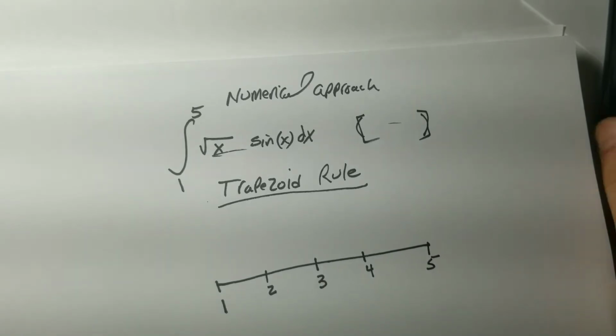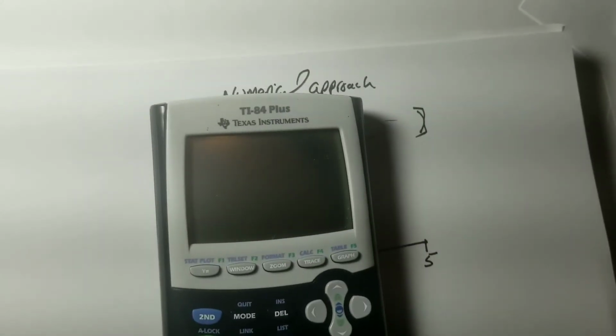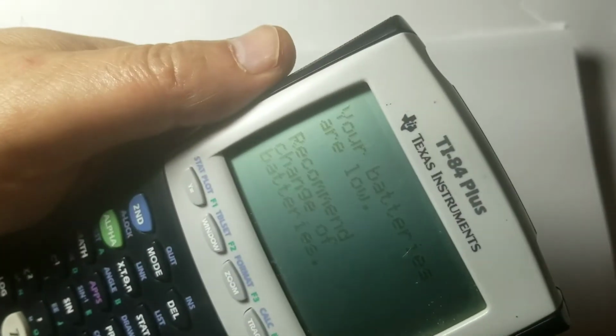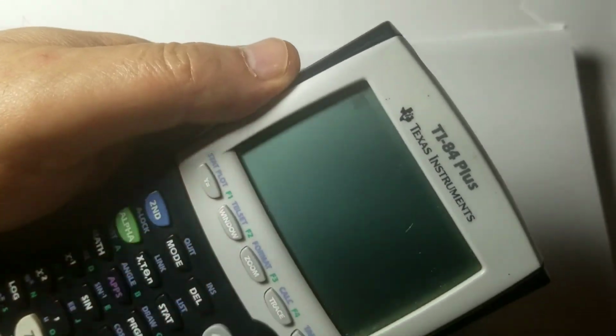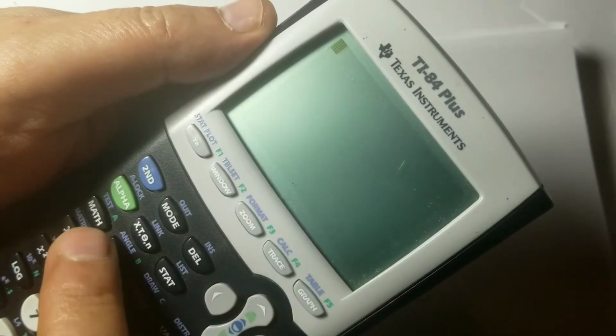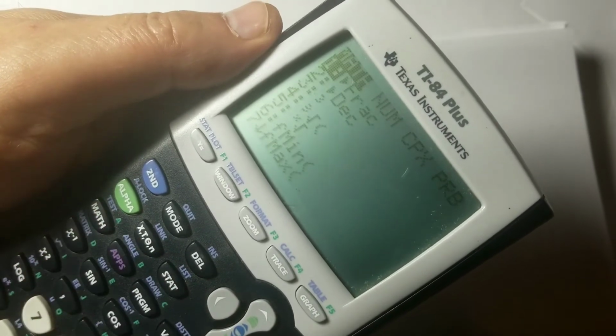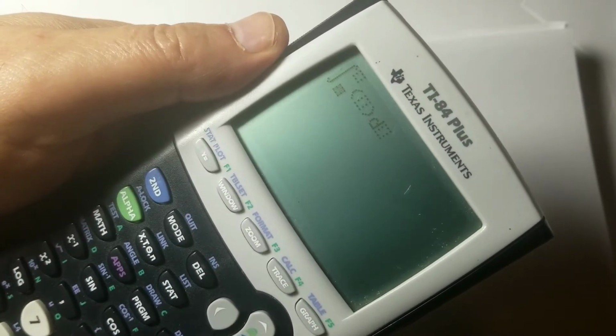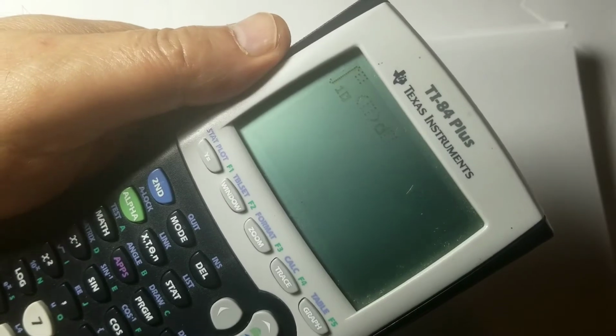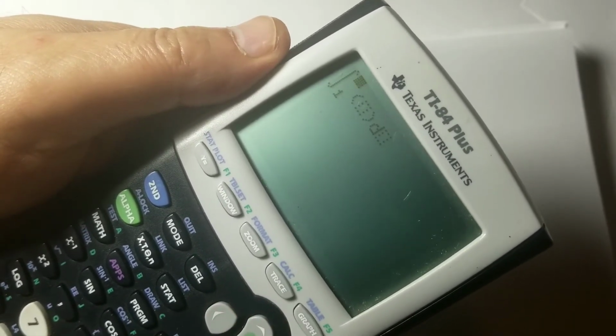Well, I'm going to go here and say, okay, I have a graphing calculator, and I'm going to press math, number 9, that's my integral, from 1 to 5.